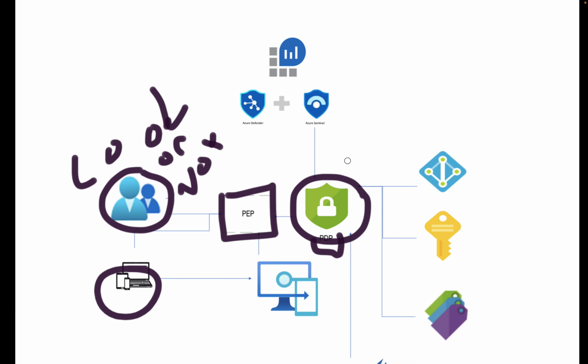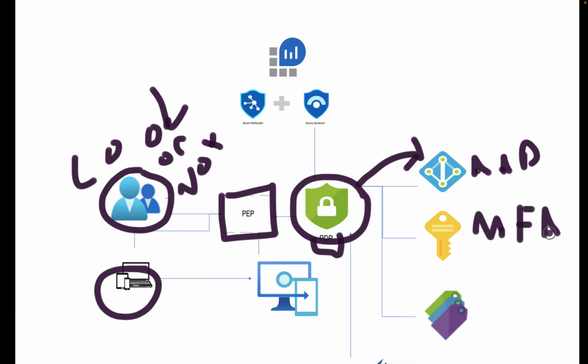Now that has rules of its own, but it mainly comprises the identity in AAD, also their MFA, and also the tags. I knew we were going to use tags. I just forgot when I made this. These are just a few core pieces.